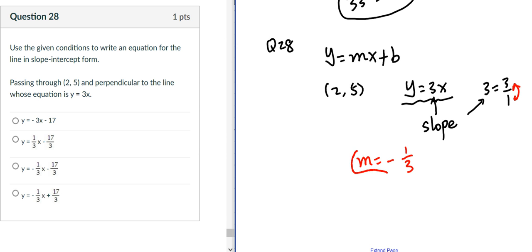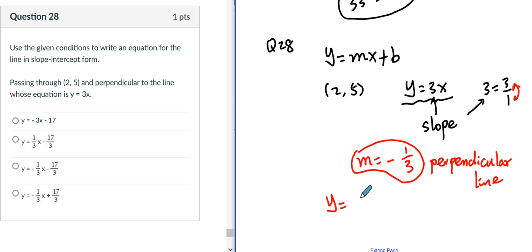That's the rule for a perpendicular line: you must flip the original slope and put the opposite sign. So then we know m is negative 1/3.